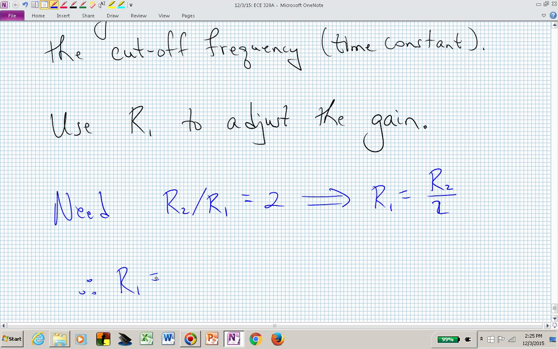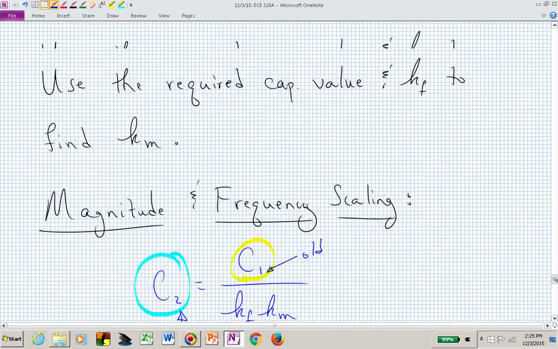That's 1,591.6 divided by 2, which gives us 795.8 ohms.